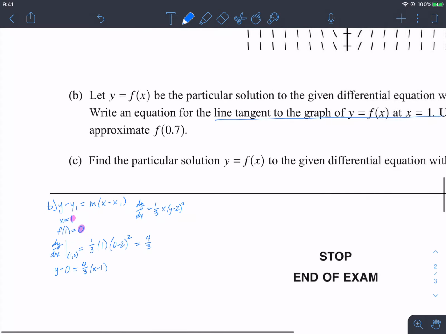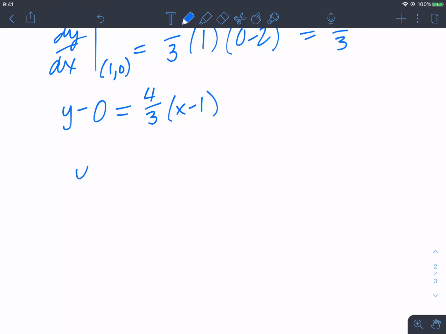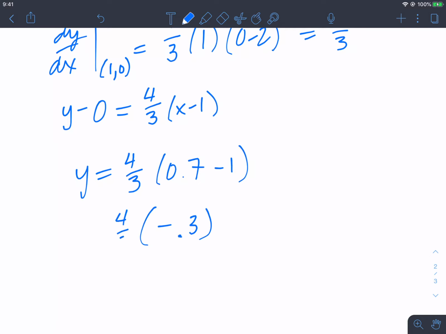What it says to do next is use your equation to approximate f(0.7). So we're going to take 0.7 and plug it in for x. So y equals 4/3 times (0.7 minus 1). 0.7 minus 1 is negative 0.3. Negative 0.3 times 4/3.